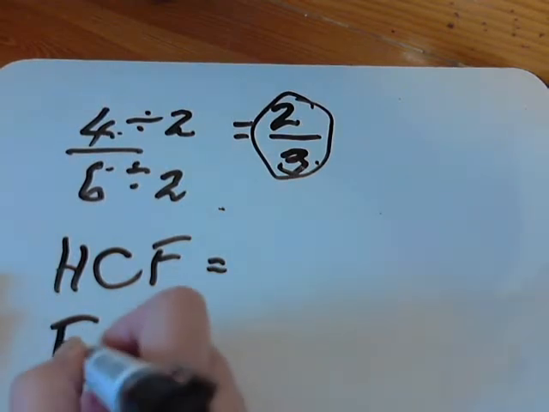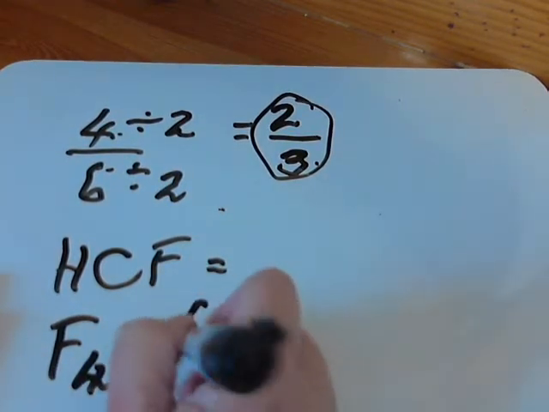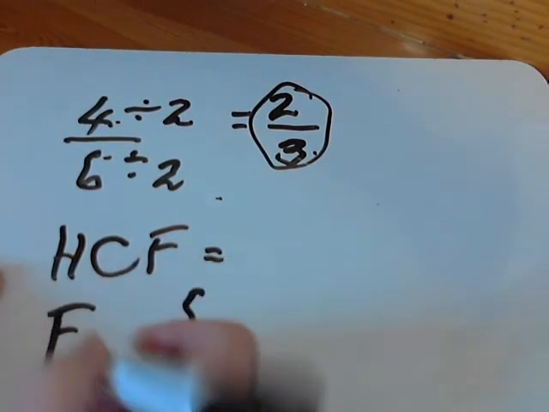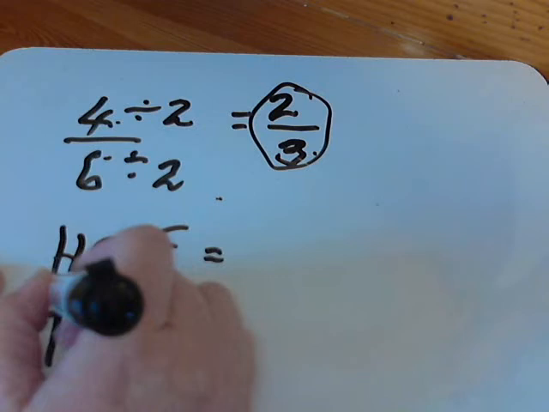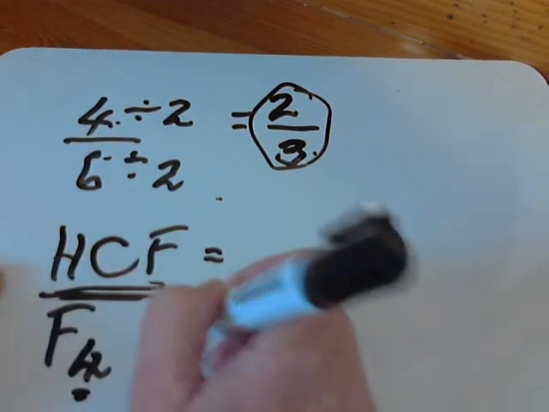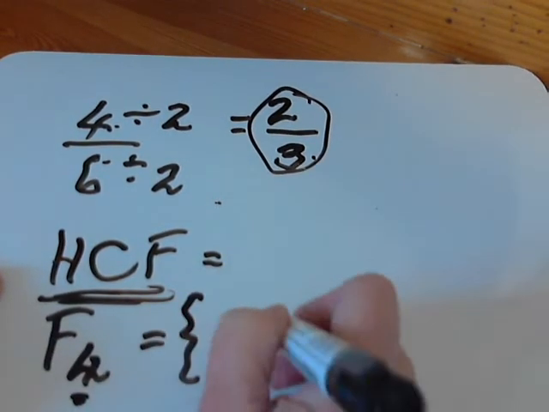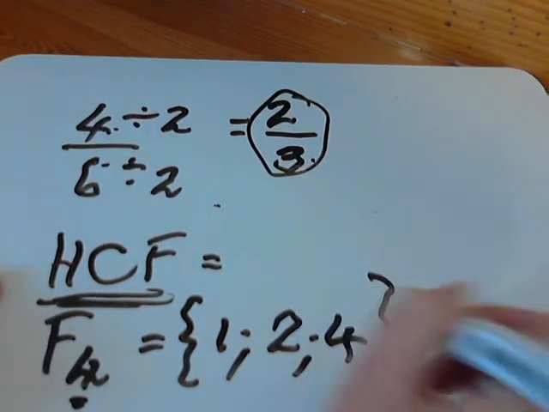So factors of 4, for example, equals, and then remember the squiggly bracket. Factors of 4, remember you're going to end with the number 4. So what can go into 4? That's what this means. 1 can go in, 2 can go into it, and 4 can go into it. And I close the squiggly bracket.